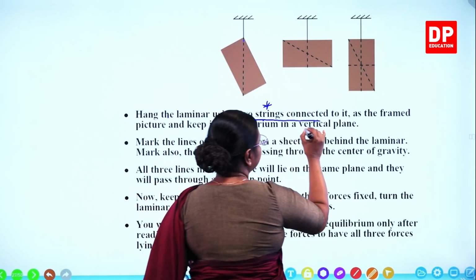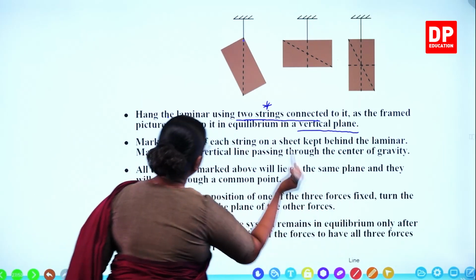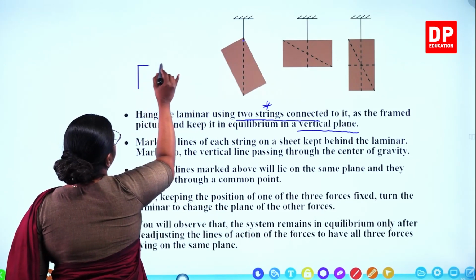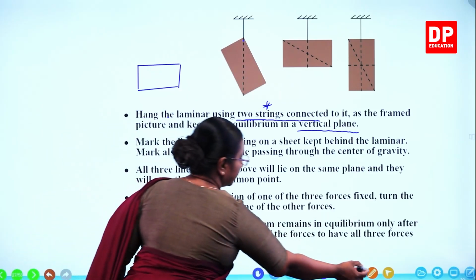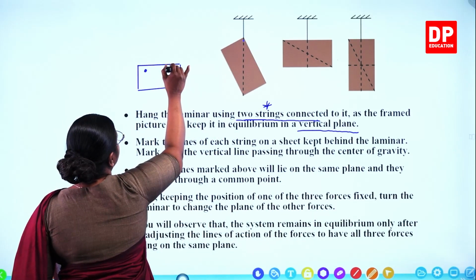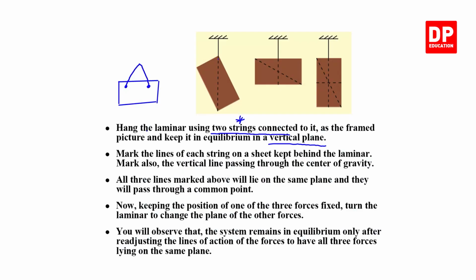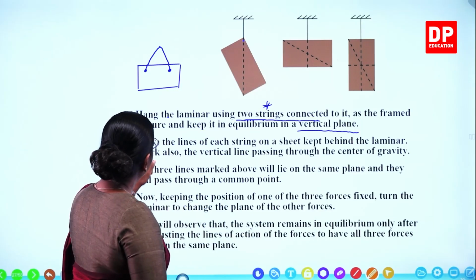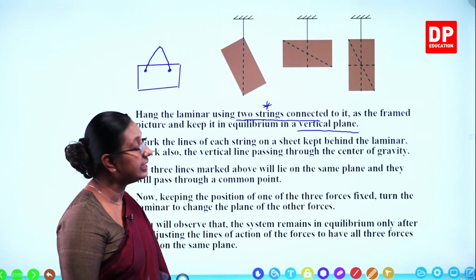So, we need to hang the lamina from 2 points. Let's say if this is the lamina, then what we can do is we can make 2 holes like that, and then we need to observe. Mark the lines of each string on a sheet kept behind the lamina.